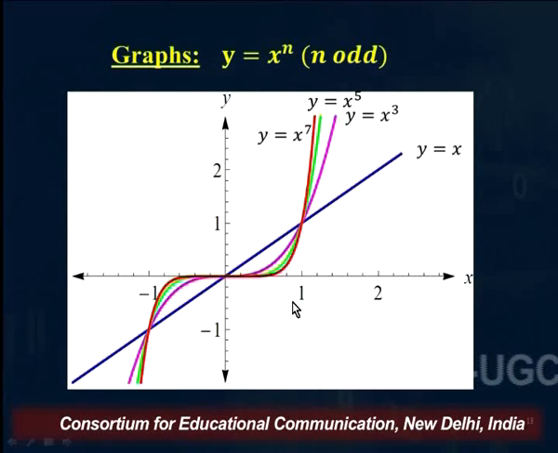Similarly, the same thing is happening here for the odd case, n being odd. Here y equal to x is anyway separate. So y equal to x cubed is this graph in pink, and you can see that between minus 1 and 1 the pink graph lies above.